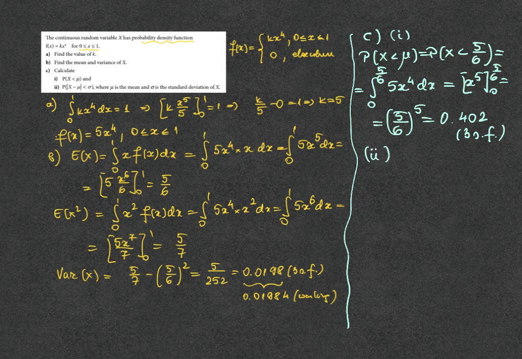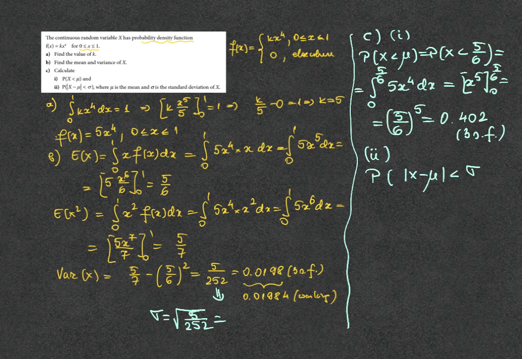Next one is find the probability of the absolute value of X minus mu smaller than sigma. Now the variance is this one, so sigma is going to be the square root of 5/252. And indeed in my calculator, I prefer to put 5/252 instead of the decimal number, because then I'm going to get a number closer to the exact one.